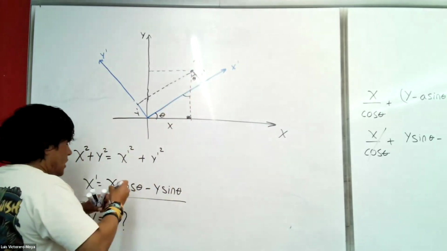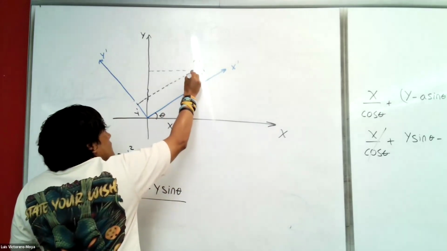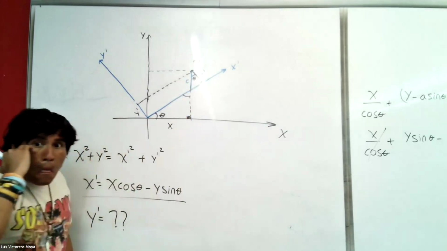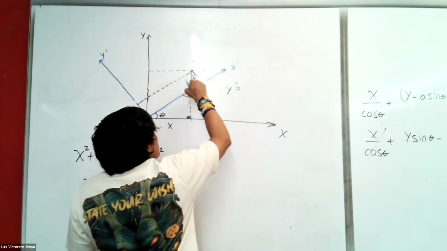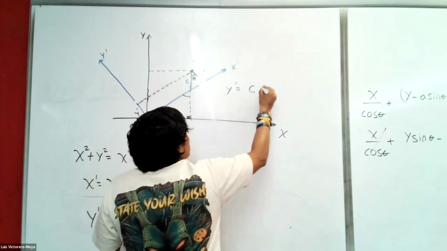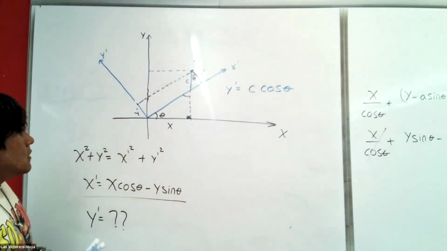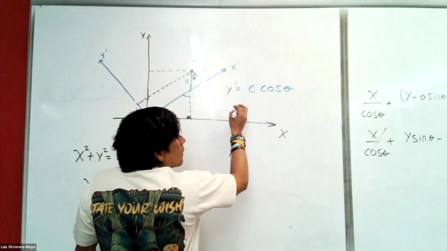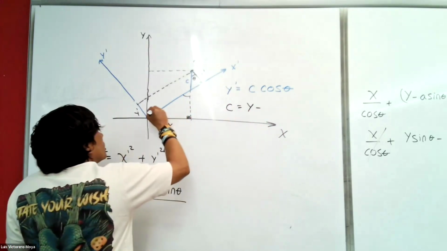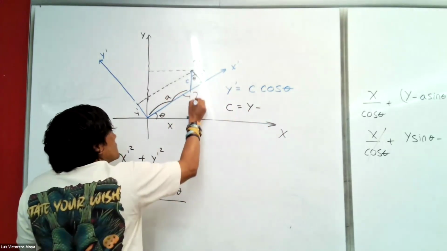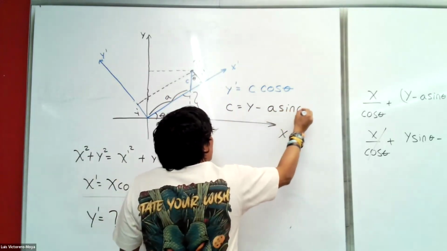In the worksheet, they give you A, B, and C. If that's C, y prime is C cosine theta. Now, C is y minus A sine theta.